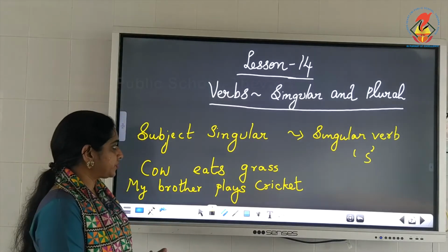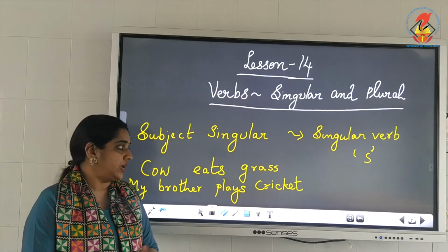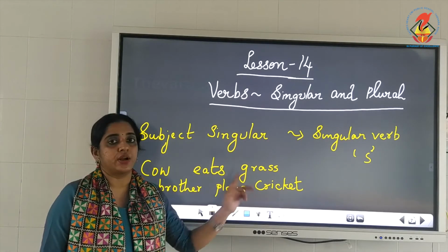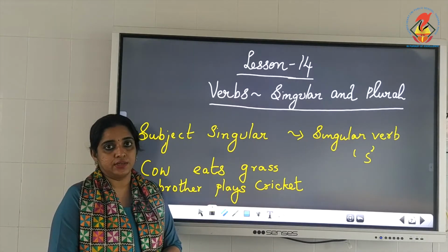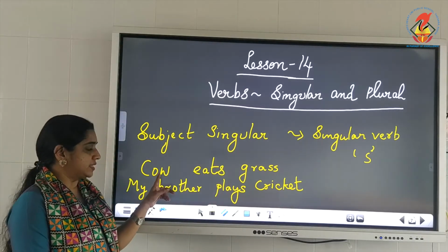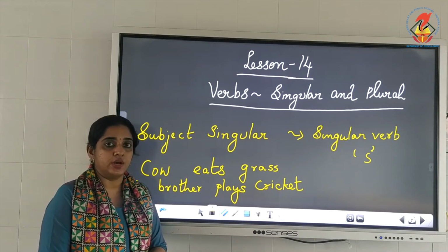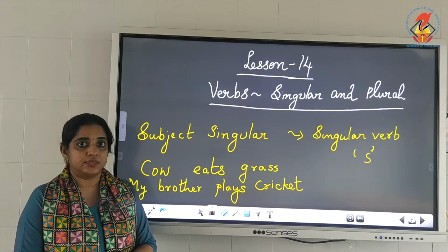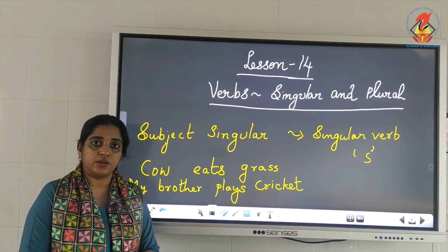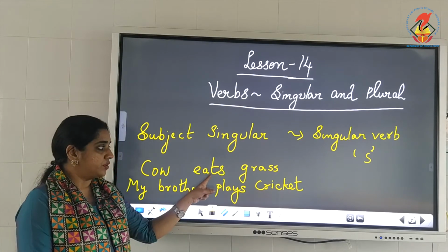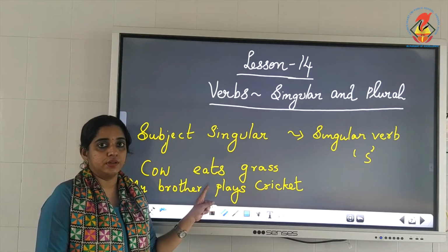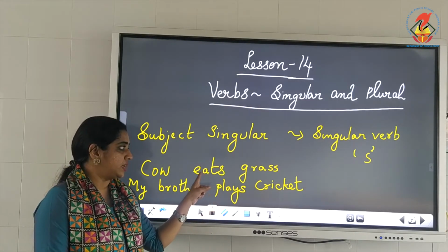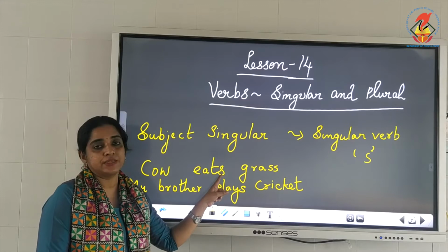So here, first example you see, cow eats grass. Here the subject is cow, singular. Singular means only one. Cow means it's only one cow. So the verb should use a singular form. That means you see the letter s, eats.